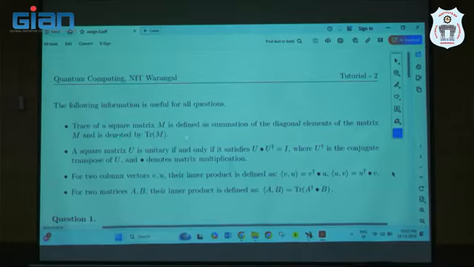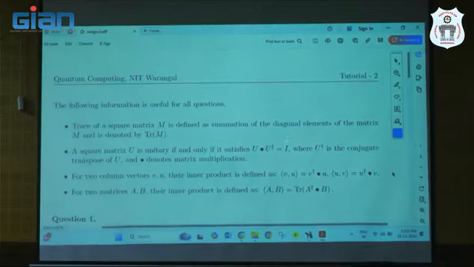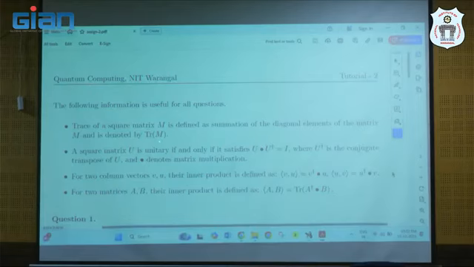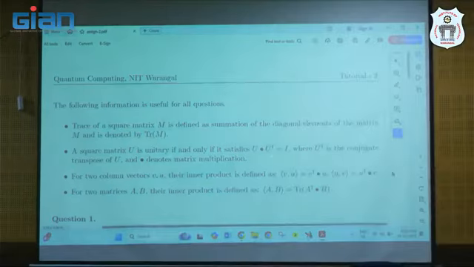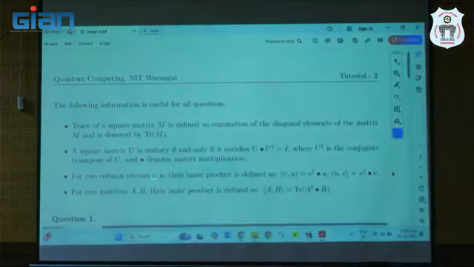The trace of a square matrix M is defined as the summation of the diagonal elements of the matrix M, and is denoted trace M. For a square matrix M, the trace is just the sum of its diagonal elements. A square matrix U is unitary if and only if it satisfies U dagger U equal to I. This one we have already seen before.